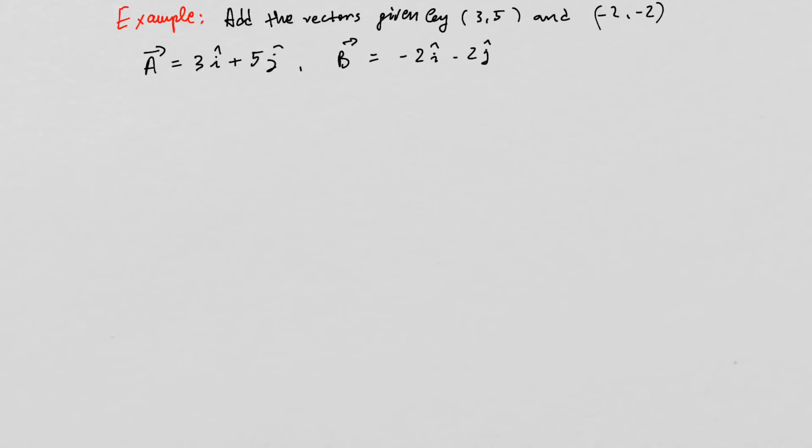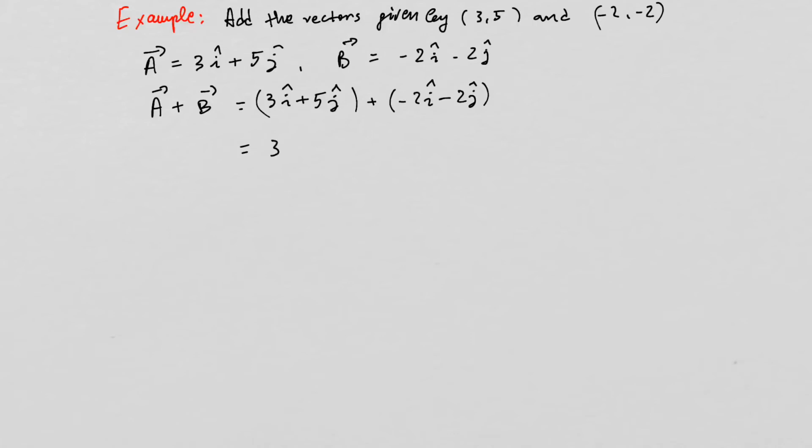So now let's add the two vectors. So A plus B is equal to 3i hat plus 5j hat plus -2i hat minus 2j hat. Let's group the terms with the same unit vector together.